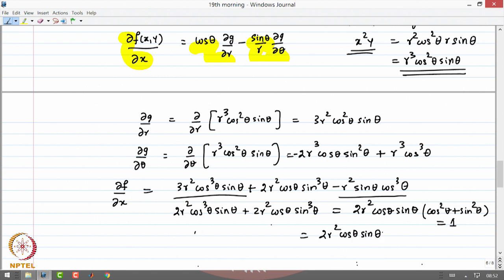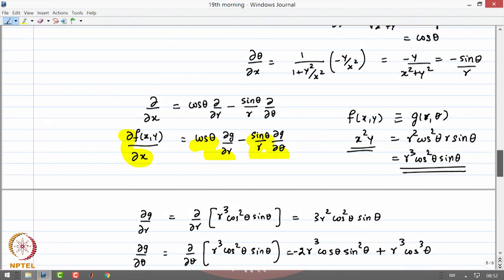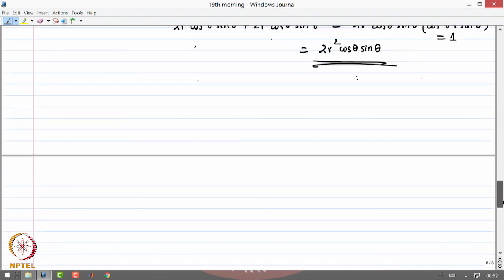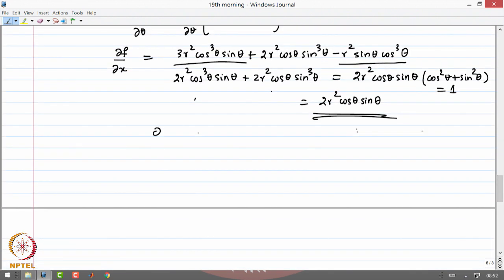Now, that is exactly what you would have got if you took the derivative of x²y with respect to x. ∂f/∂x is 2xy, and the 2xy would be 2 r cos θ and r sin θ, which gives you 2r² sin θ cos θ.